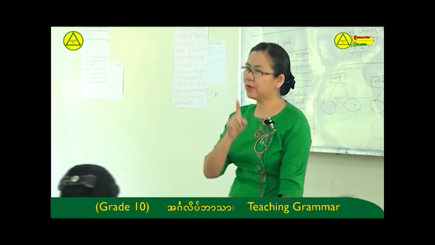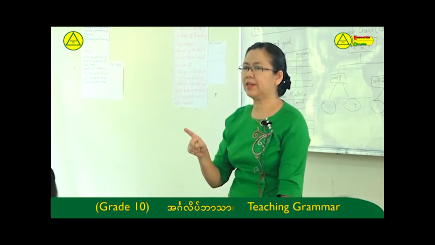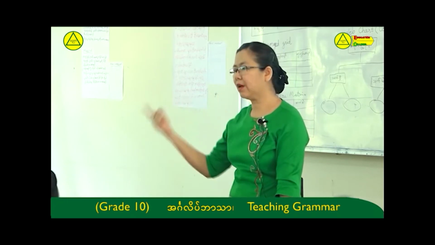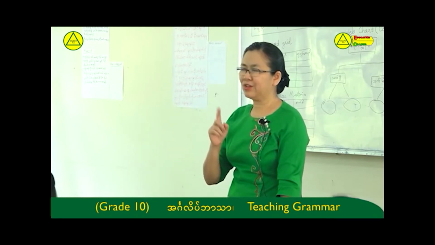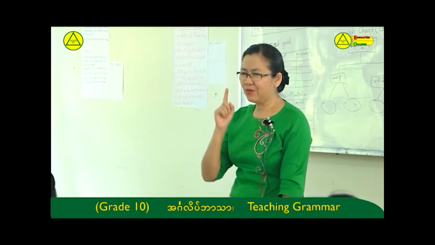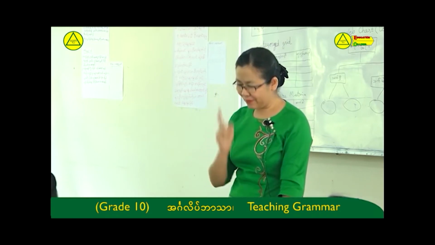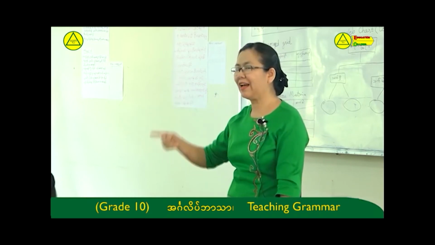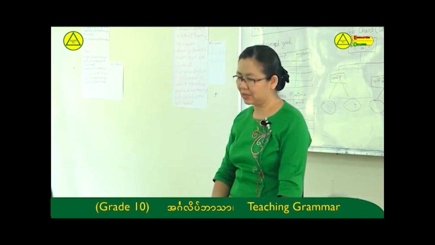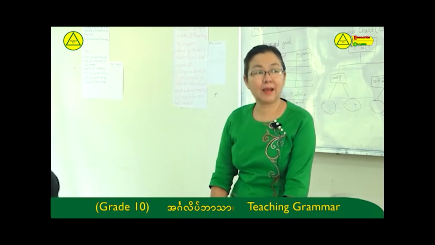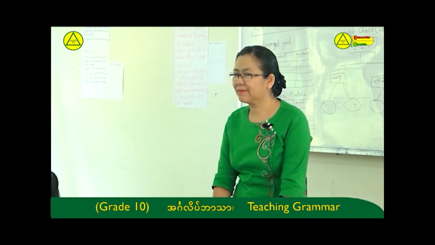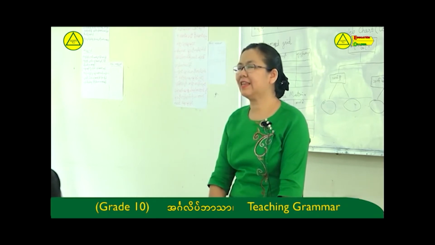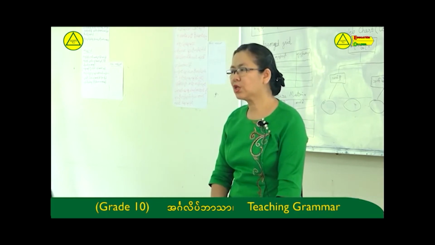If we use past tense in the if clause, we use would plus the simple verb in the main clause. And then in type 3, which tense do we use in the if clause? Past perfect tense, and then in the main clause would have and past participle form.